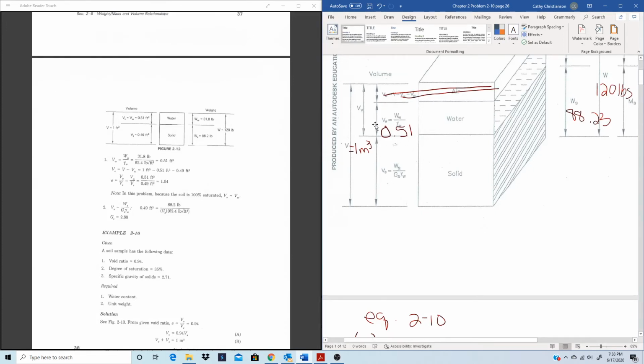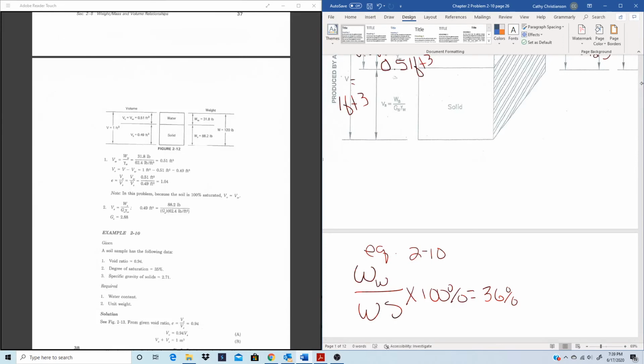But they're both 100% saturated. So that means 0.51 is the volume of the voids because we have no air. I'm not writing cubic feet on there because it's so hard to get it, I just put meters. We're going to assume 1 feet cubed. So as you can see, to solve for the volume of the solids, these two have to equal 1.